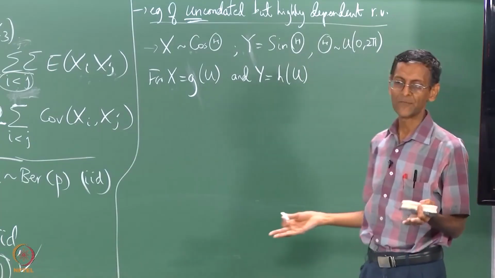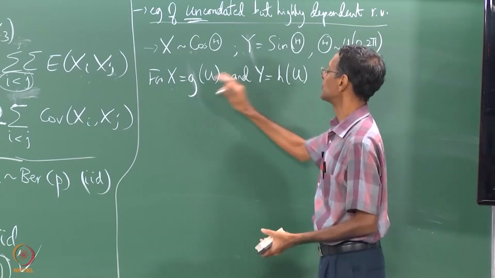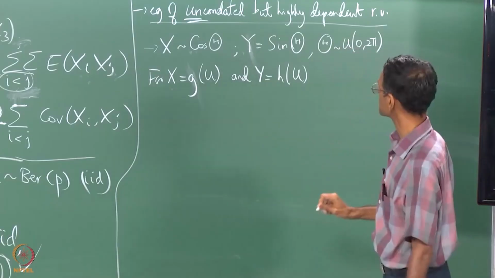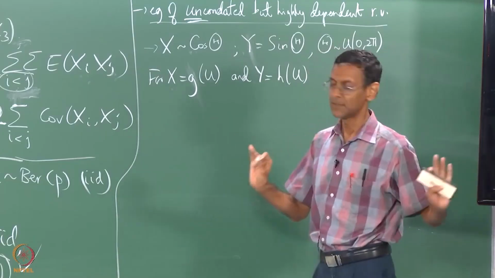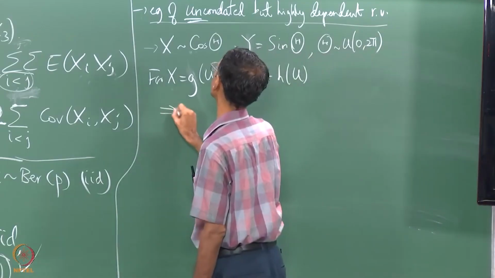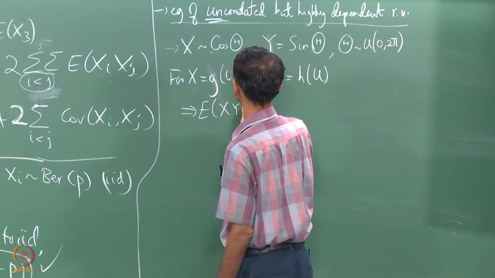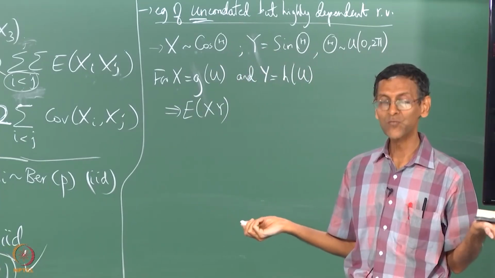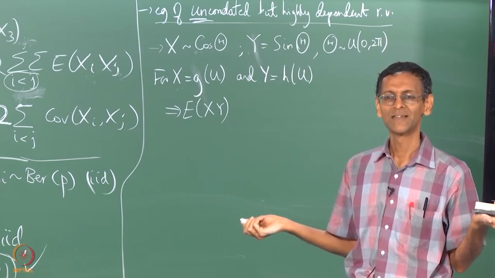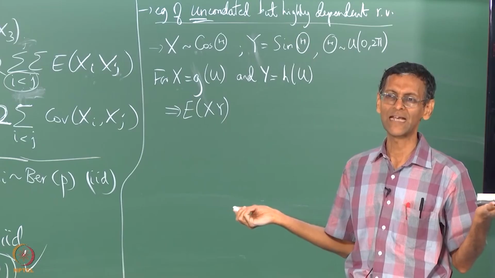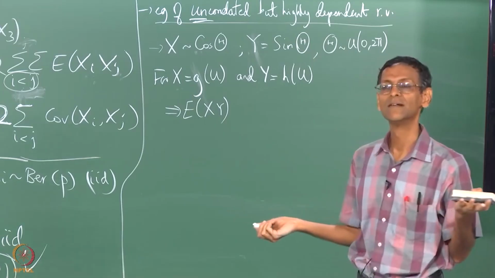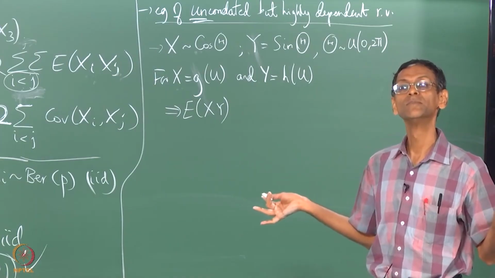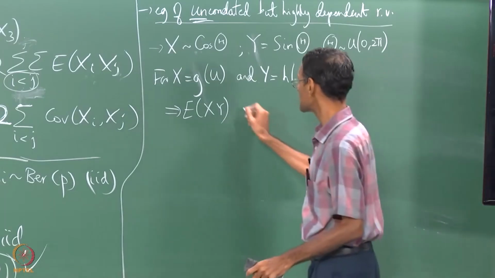You have to struggle, in the sense that if you want to express the joint behavior you have to go to some other notation to describe it, which we are not doing in this course. But E of xy, it turns out, is just again almost unconsciously written as E of g of u into h of u, which is E of some other function of u. See how this LOTUS principle works?